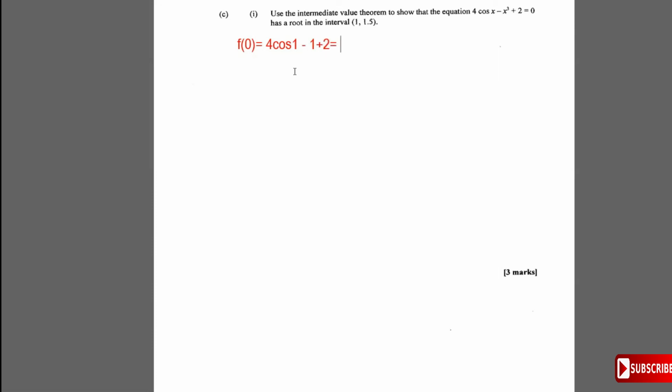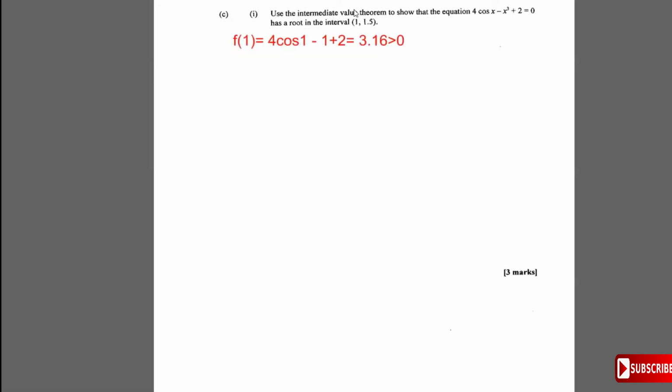What you get is 4 cos 1 minus 1 plus 2. I get 3.16, which is greater than 0.